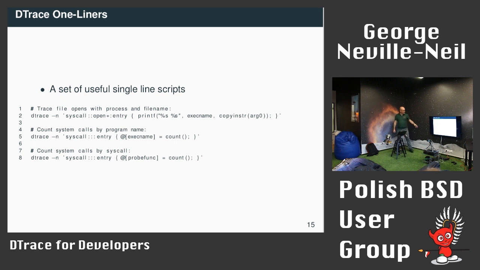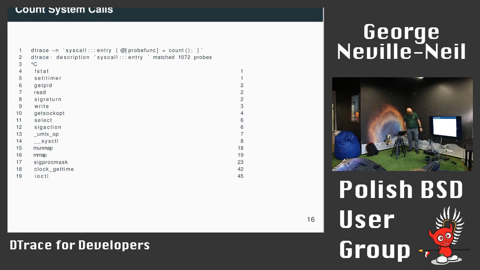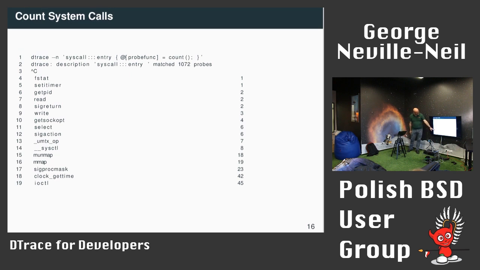Next one is just being able to count system calls, to use abusing the system, syscall by syscall, and I'll talk a bit about this syntax with these @ characters, which is an aggregation, in a moment. So here's this example of counting system calls. This is a relatively idle system, which you can tell because clock get time is one of the most frequently called things.